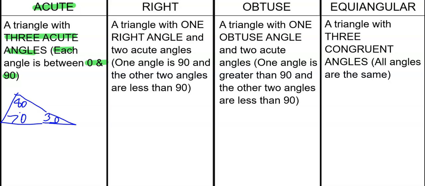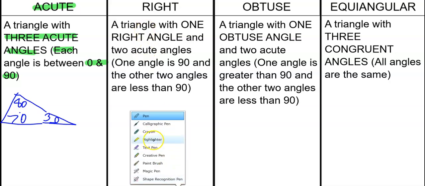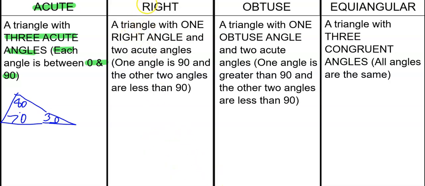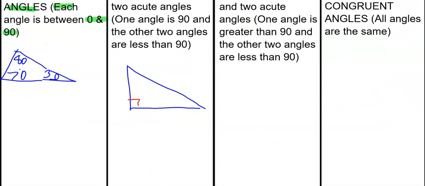A right triangle has one right angle and two acute angles. So that would look like this. What we would look for here is either a right angle box, or you could look for a triangle that actually said 90 degrees.